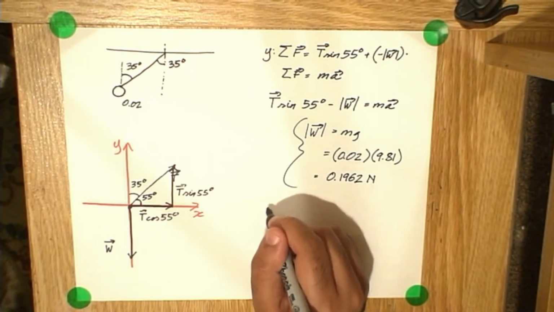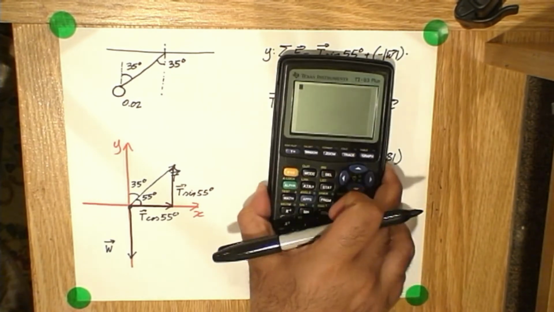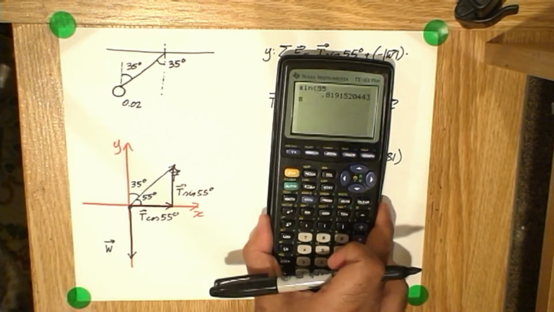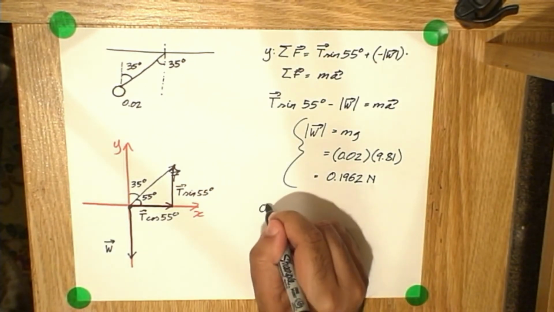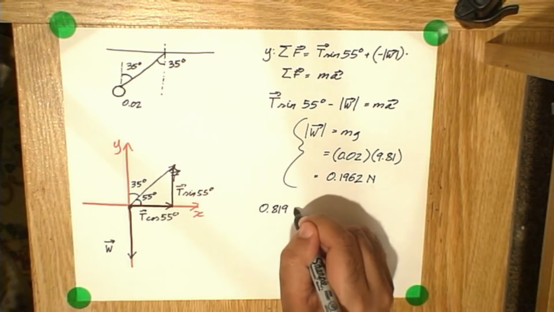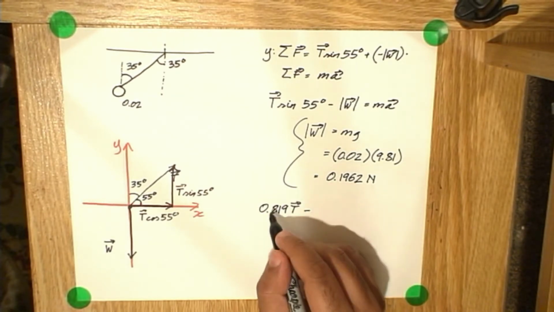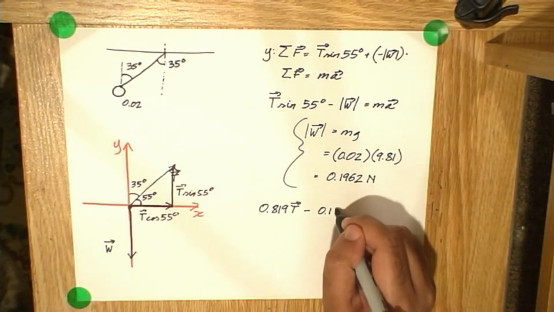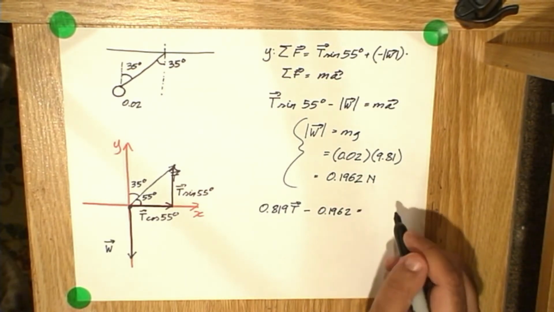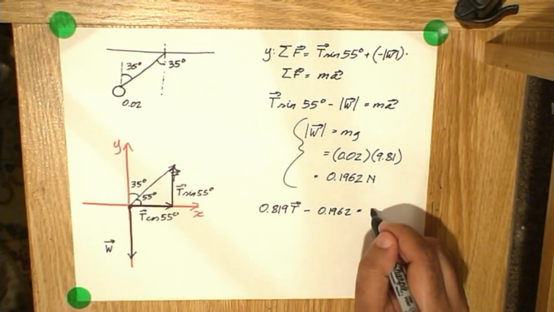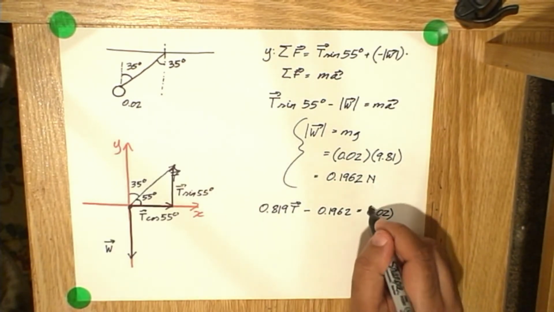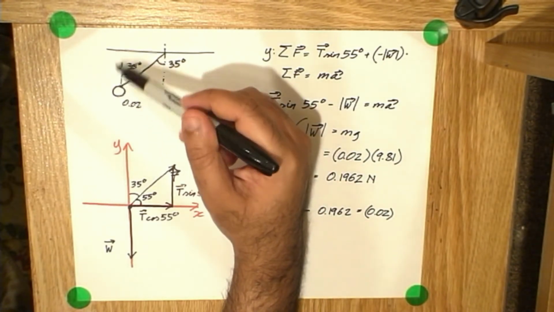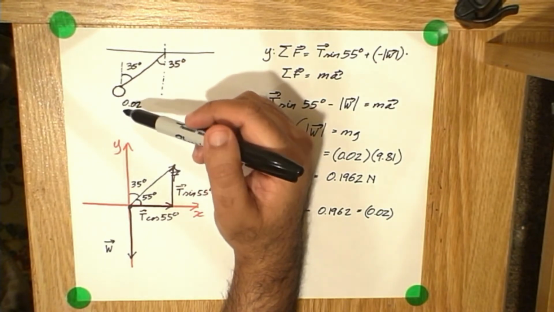So we now have T sine 55, I don't know what sine 55 is off the top of my head, 0.819. So 0.819 is sine 55 multiplied by the tension minus 0.1962 is equal to the mass of this object, 0.02, times the acceleration in the y direction. But this ball is not accelerating upwards or downwards. Its motion in the y direction is 0.